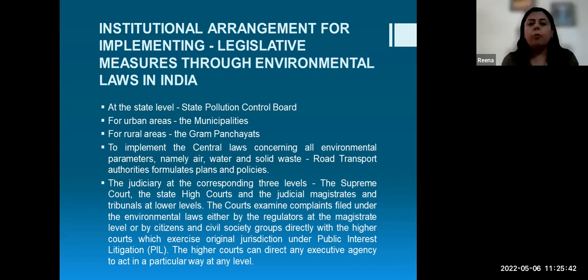Recently I have seen in Punjab, the Punjab Infrastructure Development Board, their STP was visited by NGT and they were given heavy fines ranging in crores because of the inaction by the local government body.